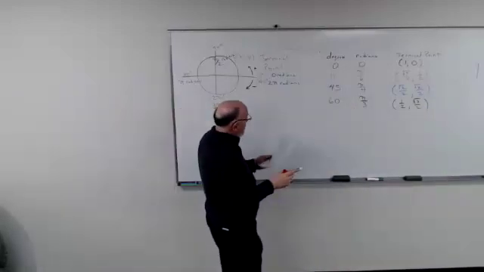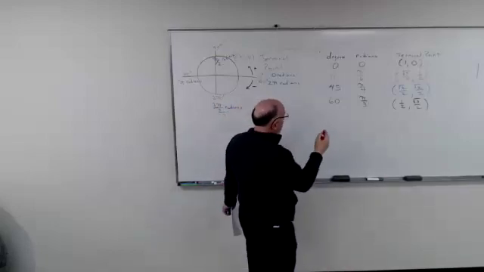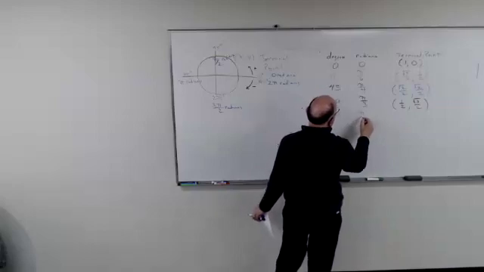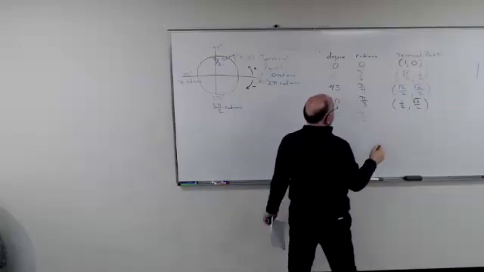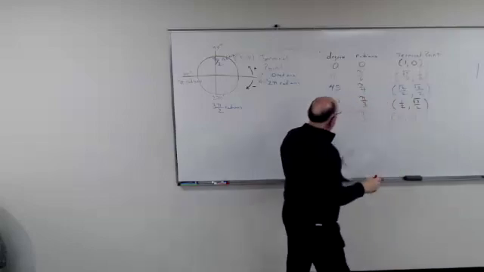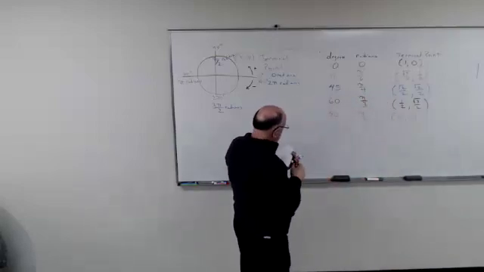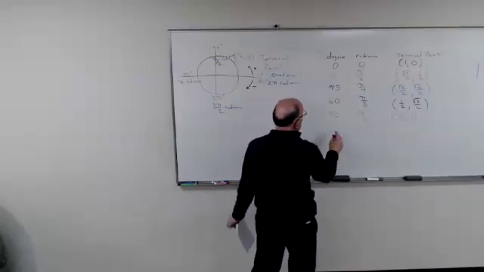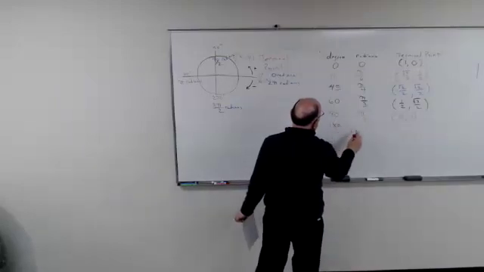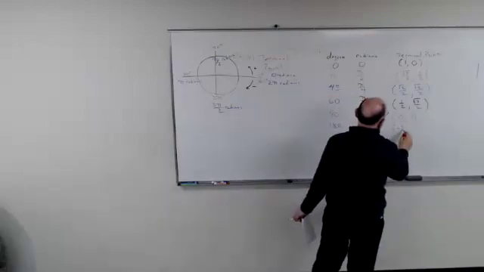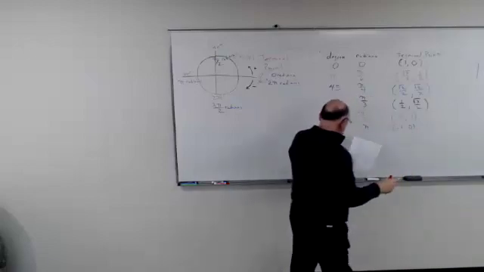And then the other ones are my quadrant angles. We have 90, which is pi over 2, which was the point (0, 1). We have 180 degrees, which is pi, (-1, 0).